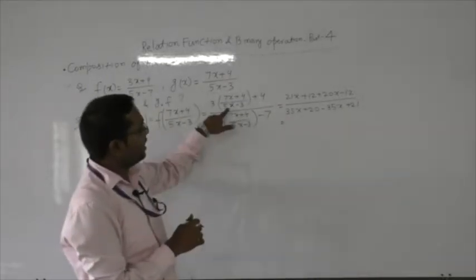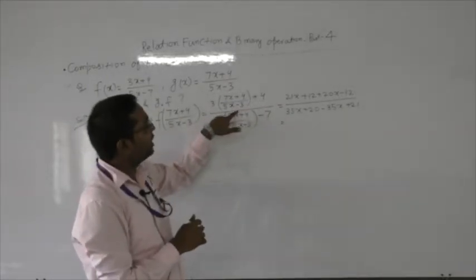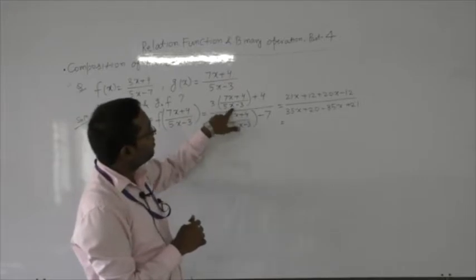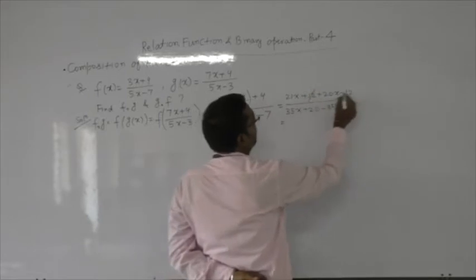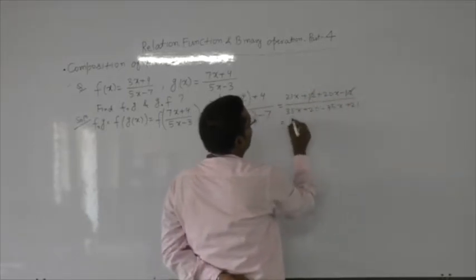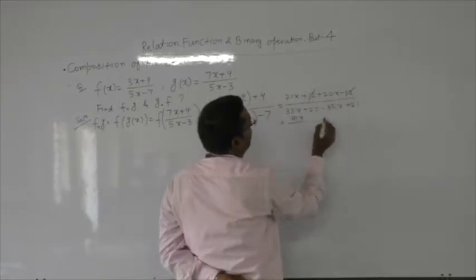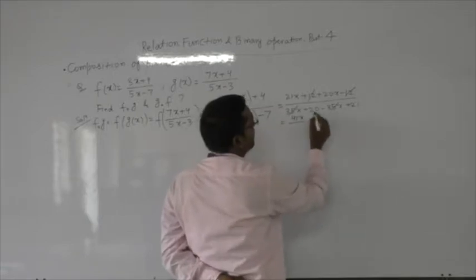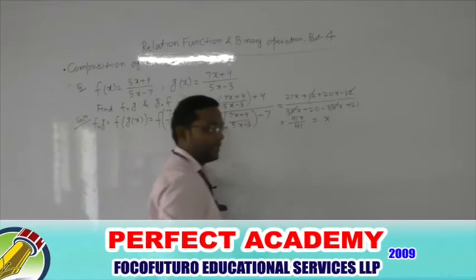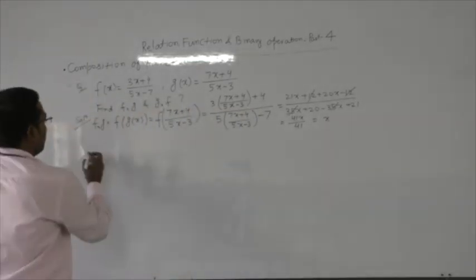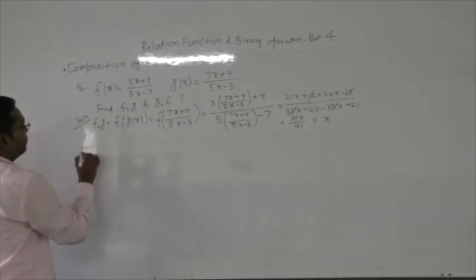I have taken the LCM and cross multiplied. In the denominator we are having 5x minus 3, so it will get cancelled. Now here 12 cancels and we will get 41x, and here 35x cancels and we will get 41. So what we are getting? x only. Now let's find the gof.